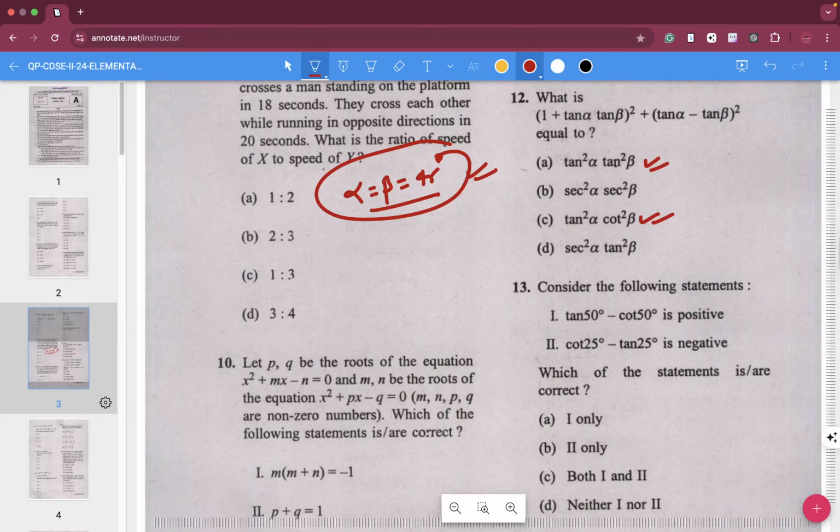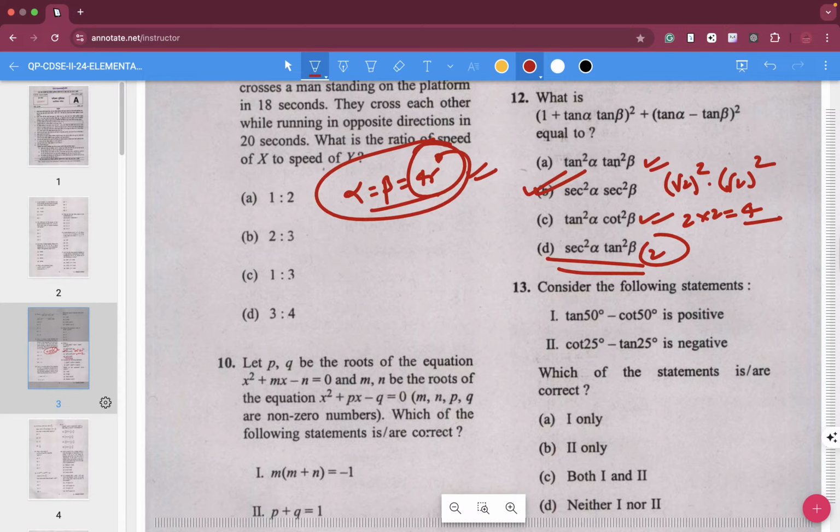Secant square over here is root 2 square, into secant beta square, which is again root 2 square, because both the values are 45, which means 2 into 2, which will give you 4 as an answer over here, folks. This particular value will give you how much? 2. So for question number 12, the correct answer will be B.